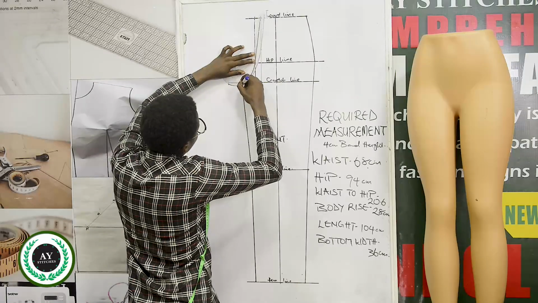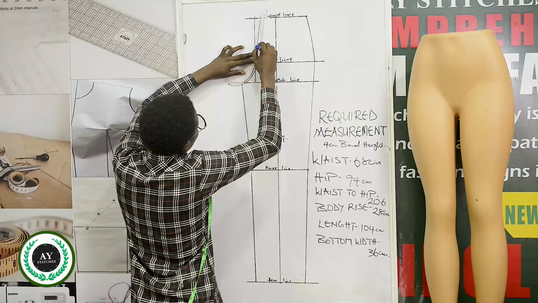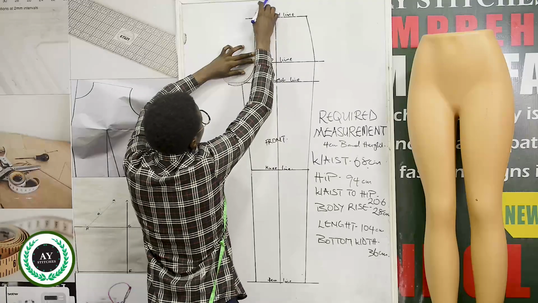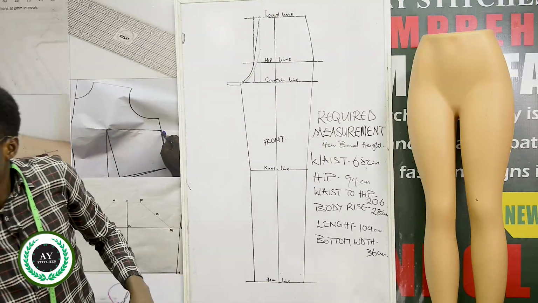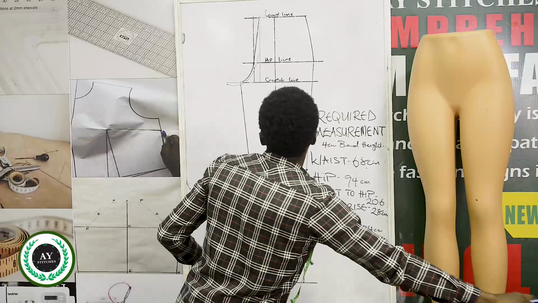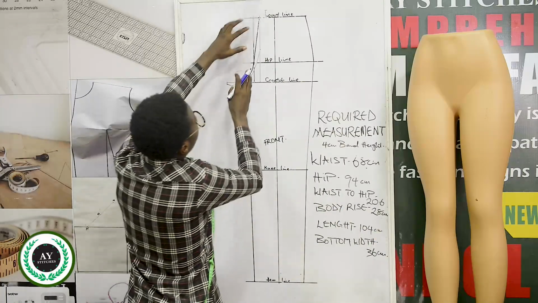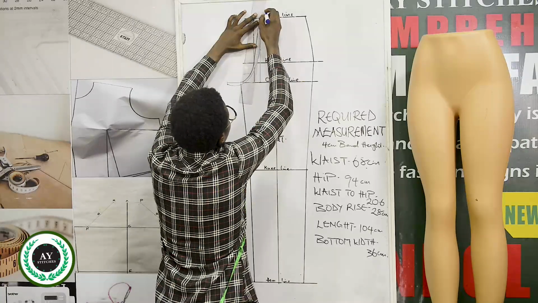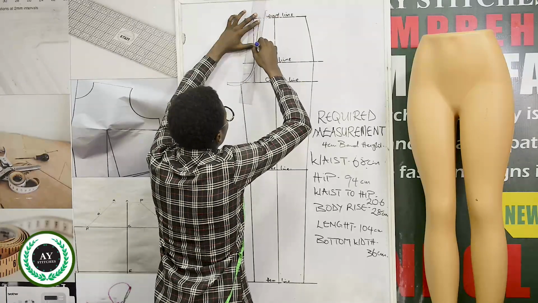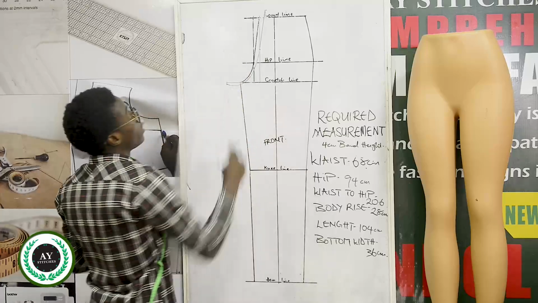So connecting from that point all the way to the midpoint here. Then also connecting from that 2 centimeter above the waistline back to the midpoint here.